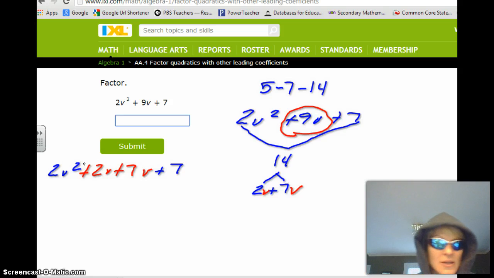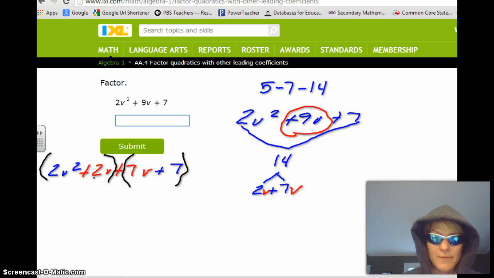So now from here, I want to factor these separately by grouping. So I'm going to group these first two together and these second two together. Okay? And then just like we did a couple weeks ago, we're going to find the GCF. So when I look at this part, I'm going to look at it separately. I want to see what will go into 2v squared and 2v as the GCF.